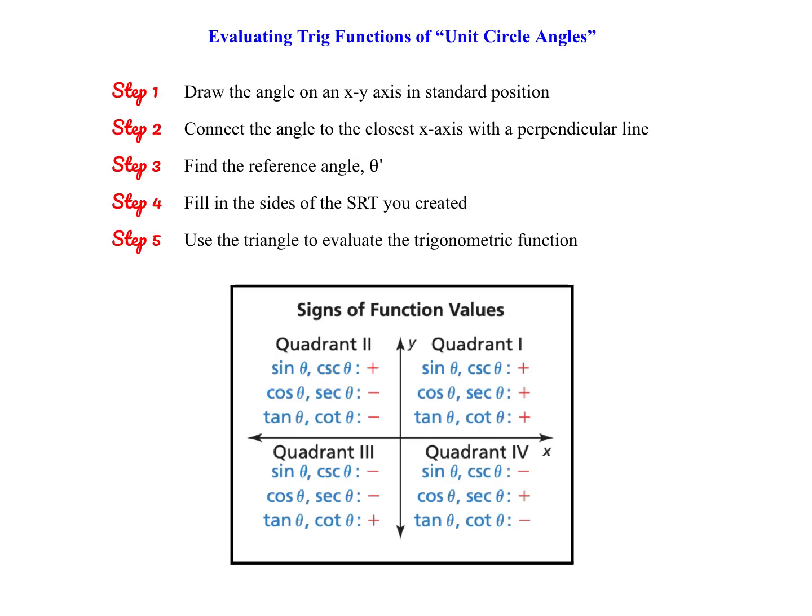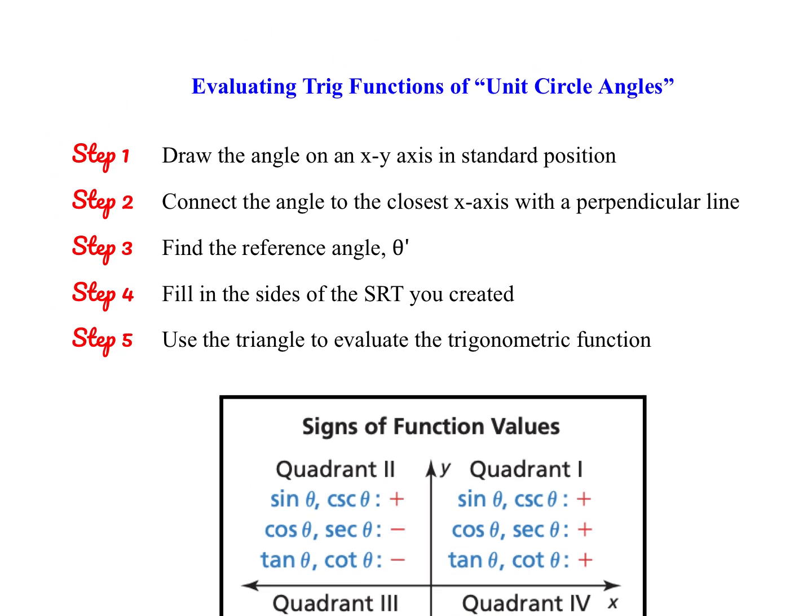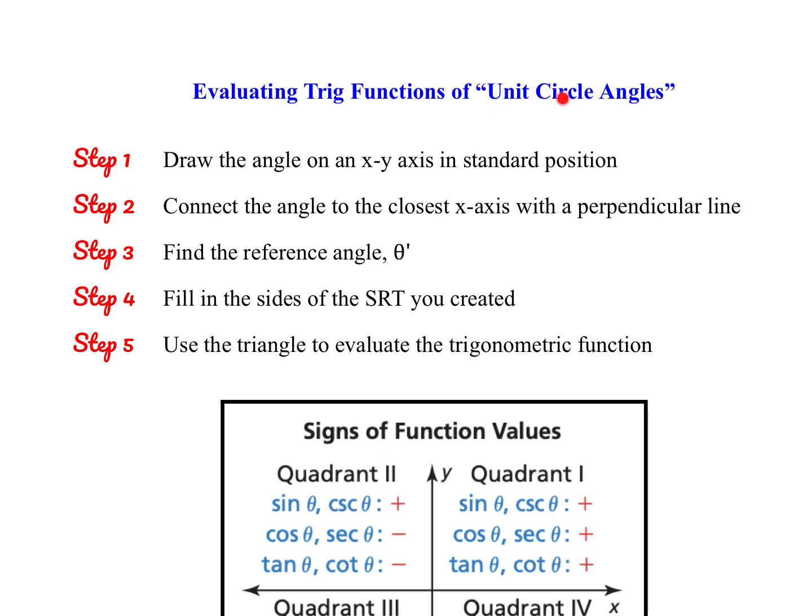So today we're going to be evaluating the trig functions of what I call a unit circle angle. We'll talk more about what a unit circle is later in this lesson, but it's essentially the angles that we've been filling out on that blank circle. So it's when you have 0, 30 degrees, 45 degrees, 60 degrees, 90 degrees, and so on.